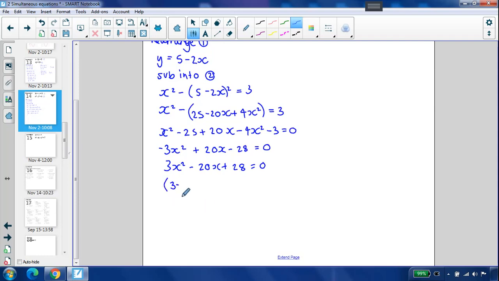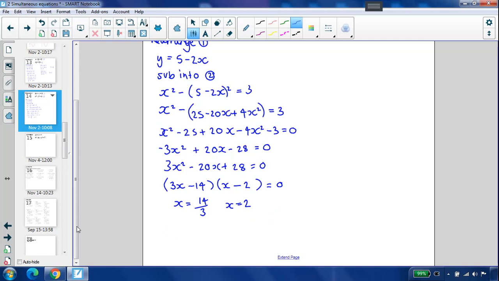I'm going to have a 3x and an x. I'm going to have a minus 14 here and a minus 2 here. So I'll have x is equal to 14 over 3, or x is equal to 2.